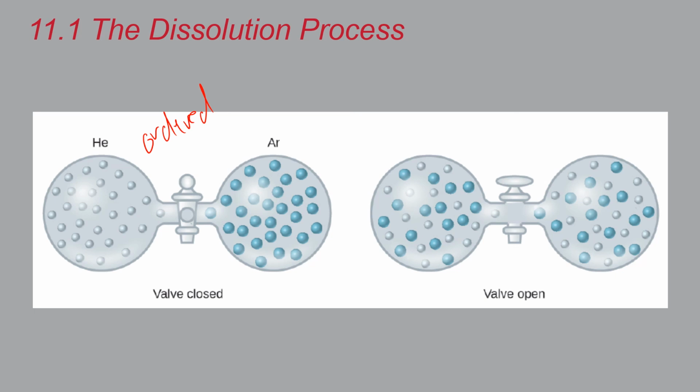Even though in this particular case there's actually no change in energy going from here to here, there is a significant increase in disorder, which is why the process is spontaneous in the direction it shows.